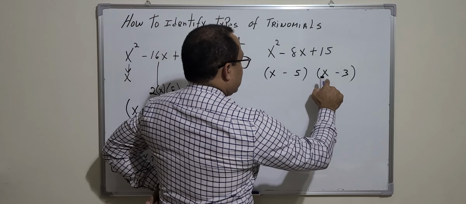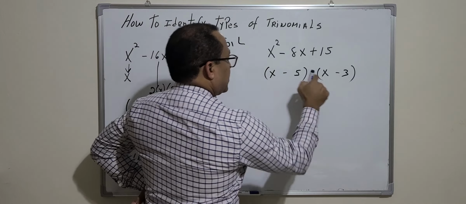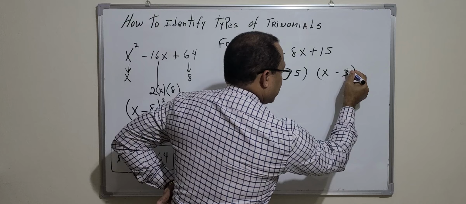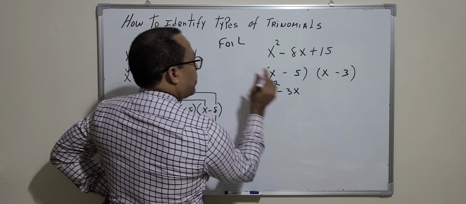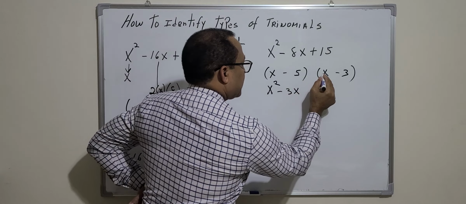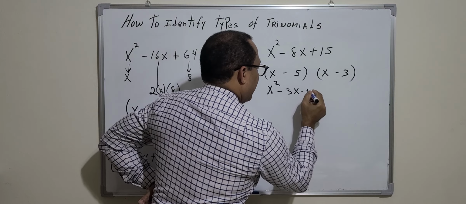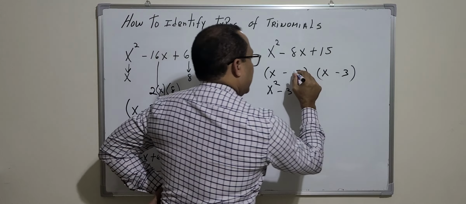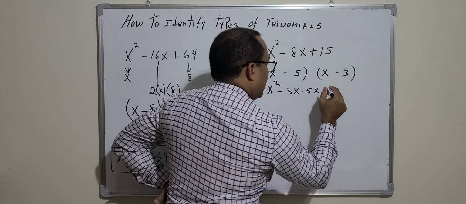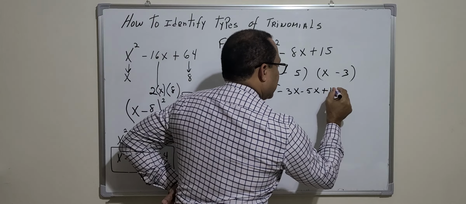X times x, first terms, x to the second power. Outer terms, x times negative 3, negative 3x. Inner terms, negative 5 times x is negative 5x. Last terms, negative 5 times negative 3 is positive 15.